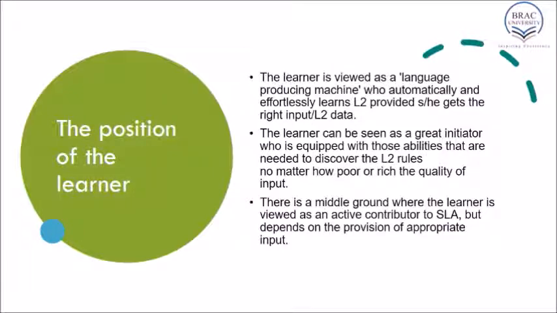And there is a third or middle ground, where the learner is viewed as an active contributor to second language acquisition, but depends on the provision of appropriate input. So these are the three particular views of the learner from different language learning schools.